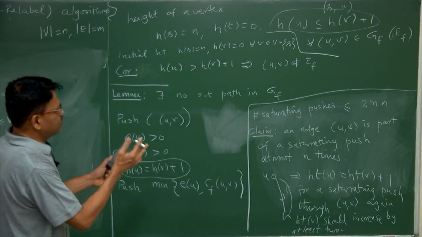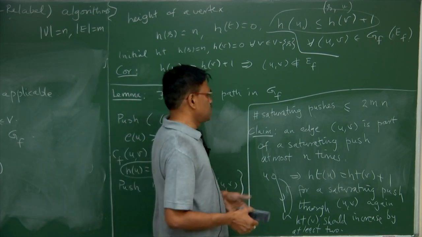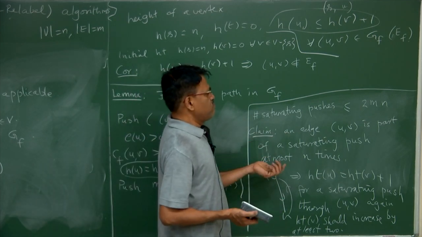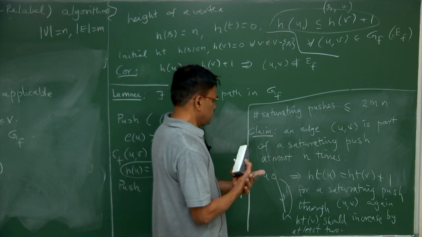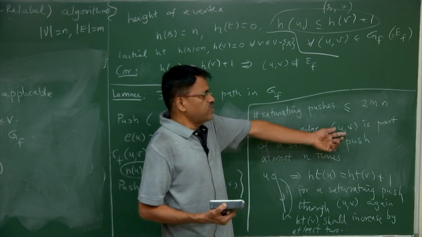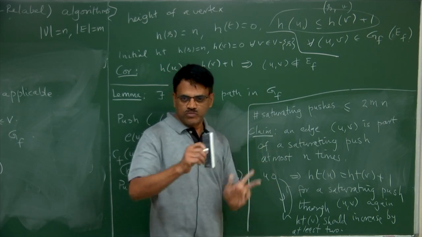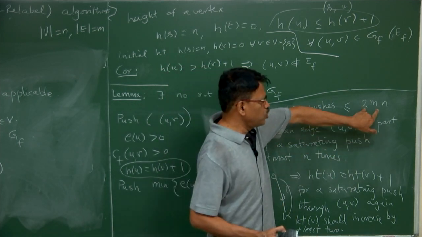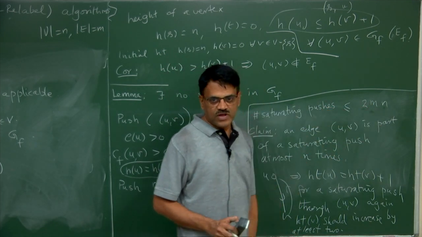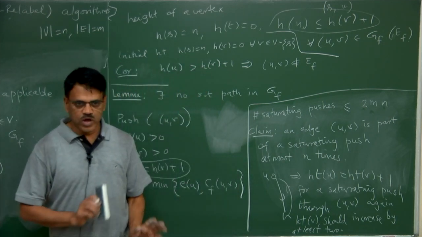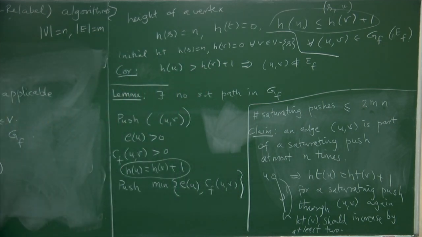So that bounds the number of saturating pushes, right? Because if you have an edge UV, you might push through UV or push through VU. So both possibilities are there. That's why it's 2m, and the number of times the edge is part of it is at most n, so it's 2mn. Okay, so we have bounded the number of saturating pushes.